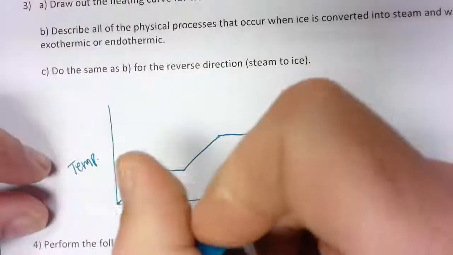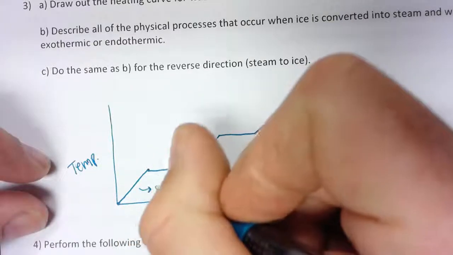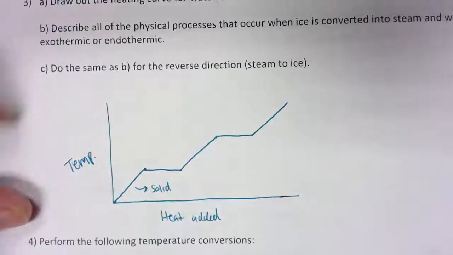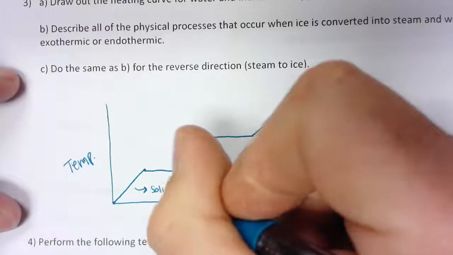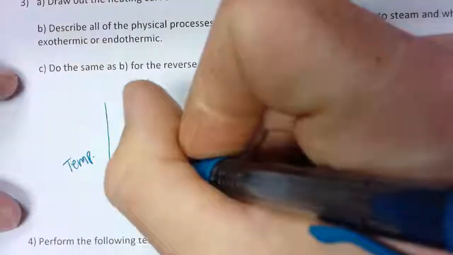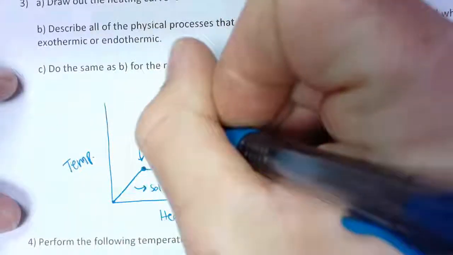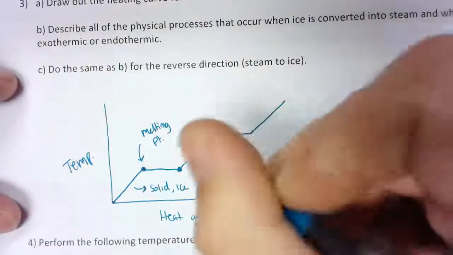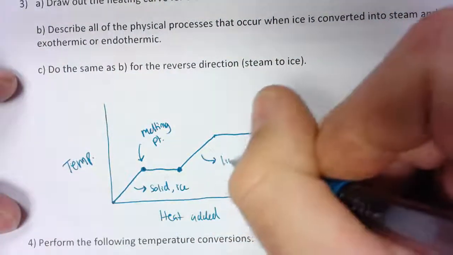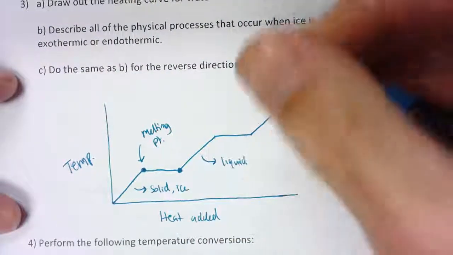Down here we have the solid phase of water. This is ice. Here we have the melting point. Here we have the liquid phase of water.